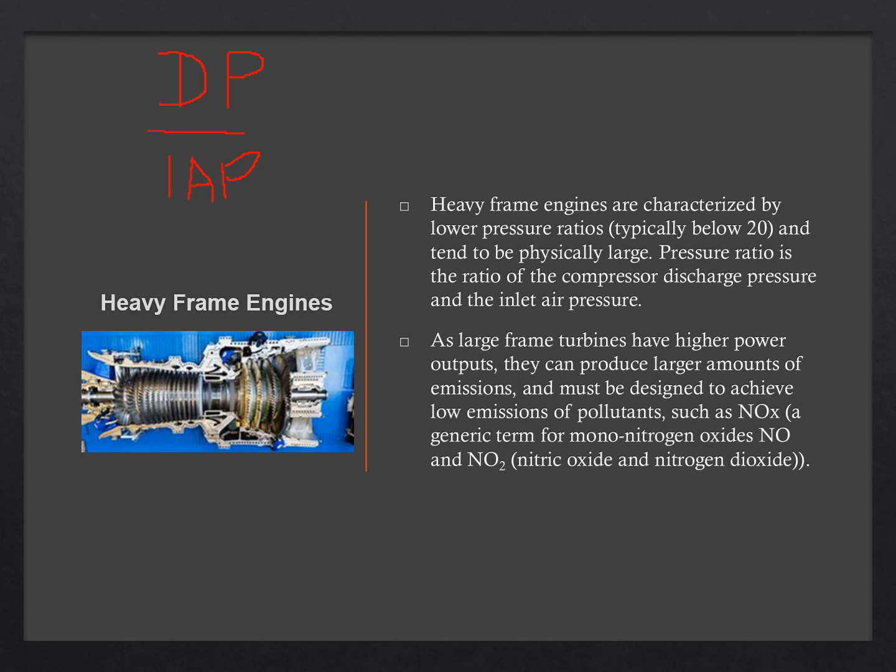You have to redesign in order to reduce the emission rate and also the amount. So what kind of emissions do we get from these engines? That's nitrogen oxide and nitrogen dioxide.